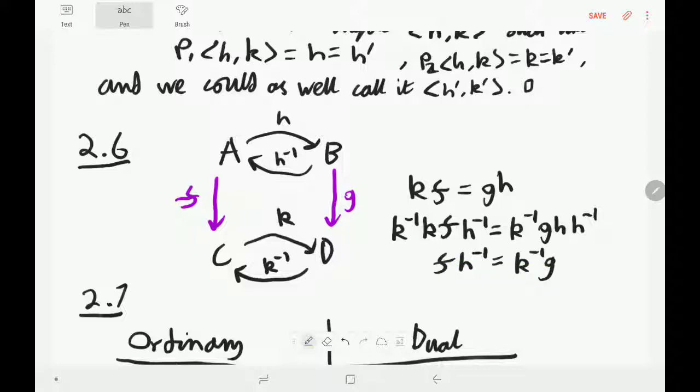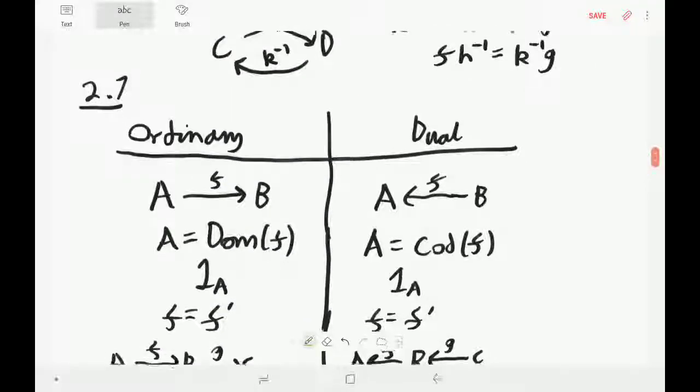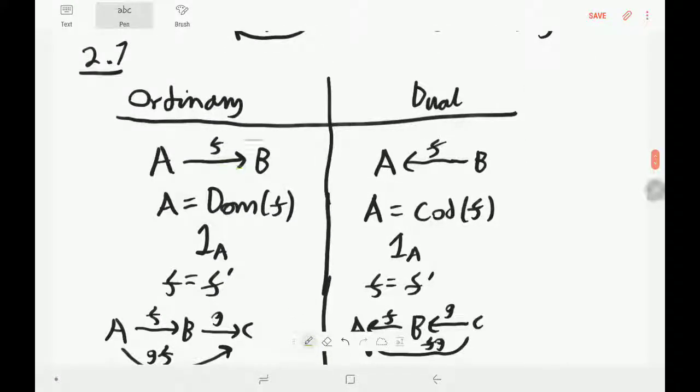There are a few exercises to do with duality. Basically you get the dual of an argument by reversing the directions of the arrows, and lots of interesting things happen when you do that. I've made this table. If you have an arrow f from A to B, the dual notion is an arrow f from B to A. The dual notion of the domain of f is the codomain of f.